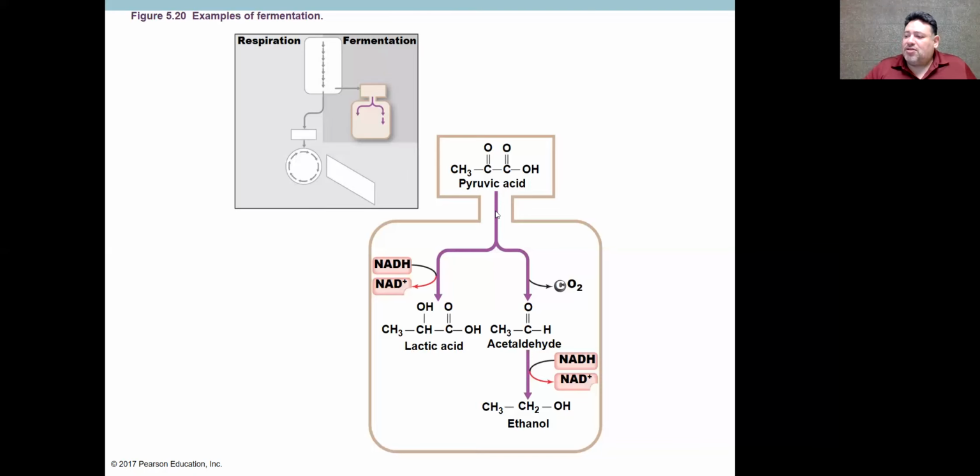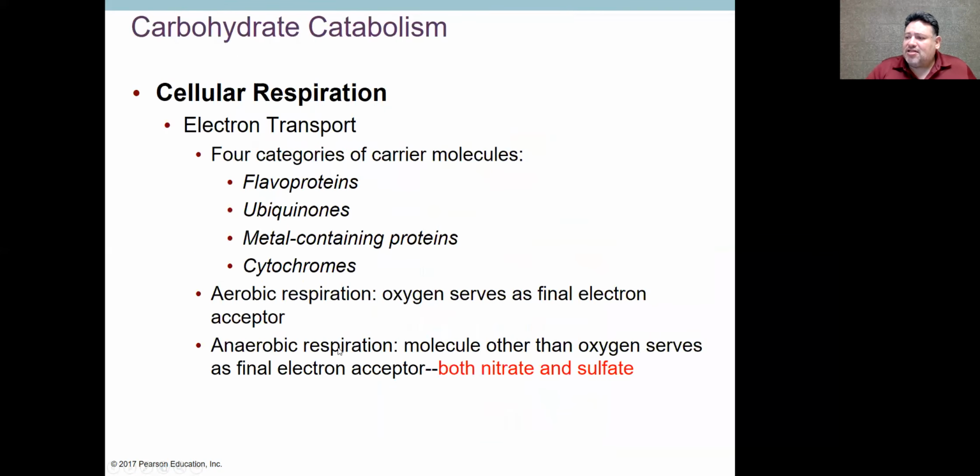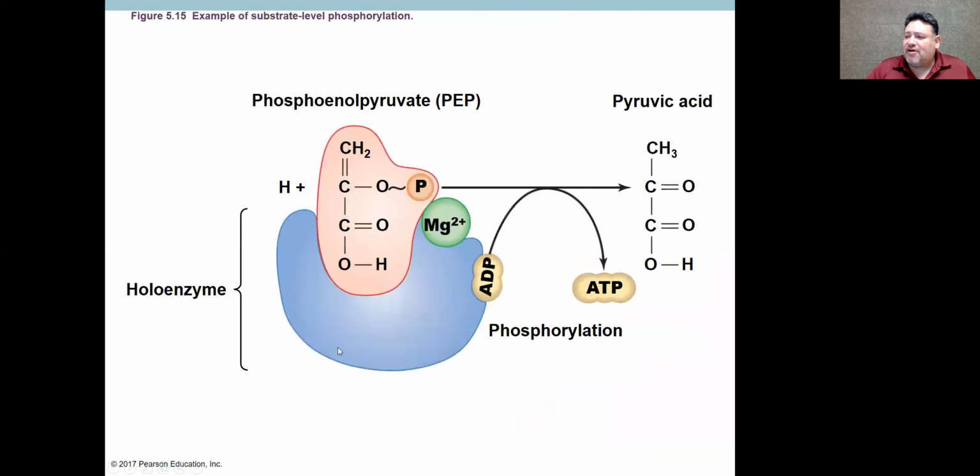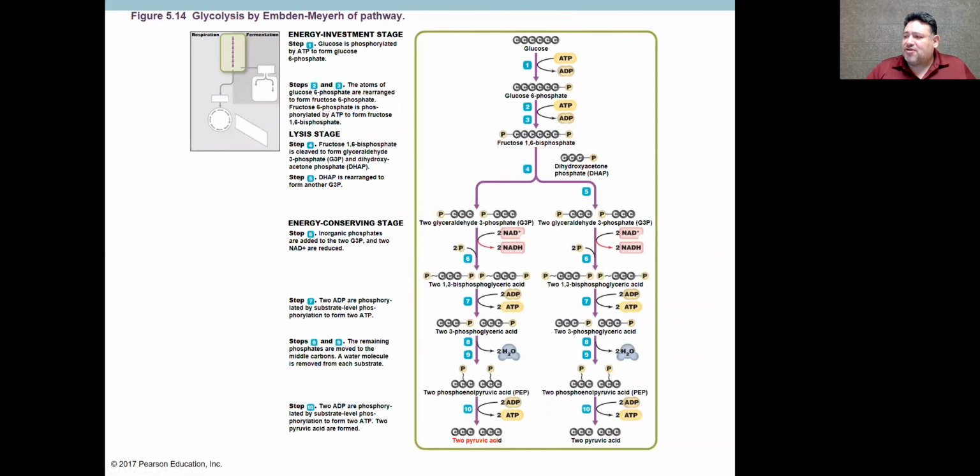Okay? And so the reason I'm covering this is to explain why we have to undergo fermentation. And it goes back to how glycolysis works. So let's go back to glycolysis for a second. Let's take a look at that real quick at the very beginning of the lecture. Remember, here's our sugar, and then we go through the glycolytic pathway.